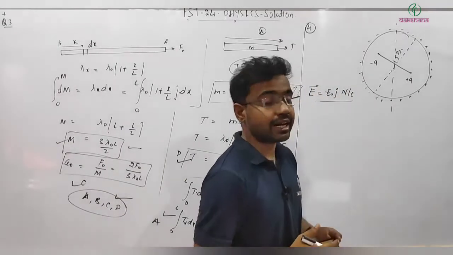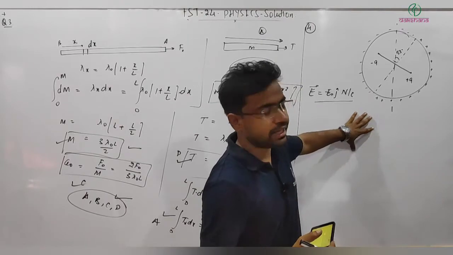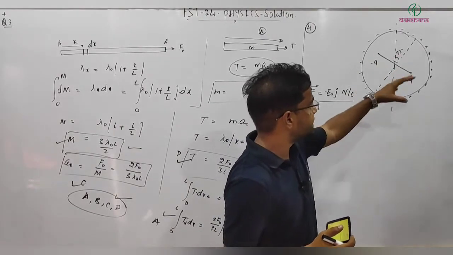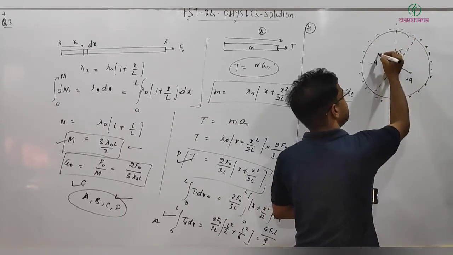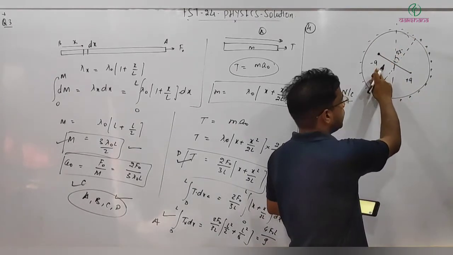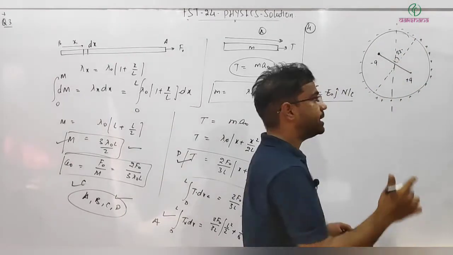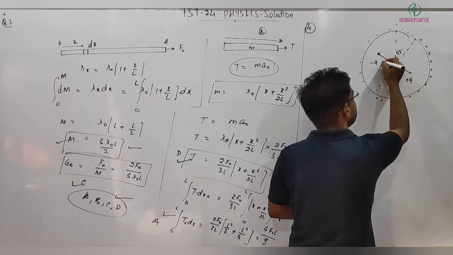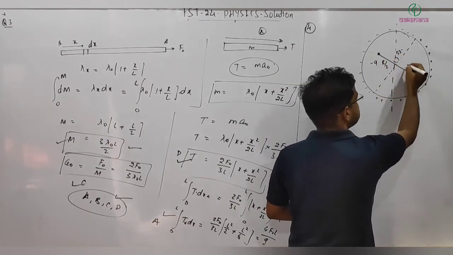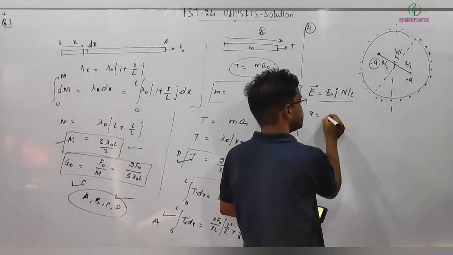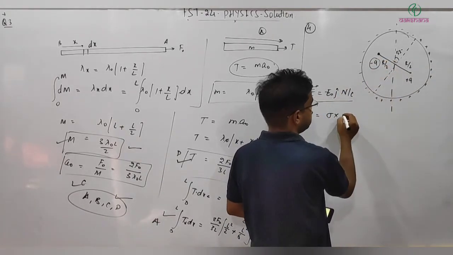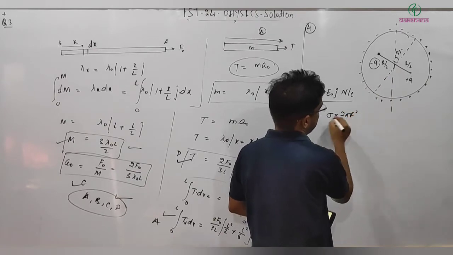Now let me tell you what exactly is happening here. This system can be treated just like a hollow hemisphere having some charge magnitude q, placed at the center of mass of the hollow hemisphere, that will be r by 2 from the center, and similarly it's r by 2 from the center. Magnitude of charge q can be written as charge density multiplied by area of hemisphere, that is 2 pi r square.